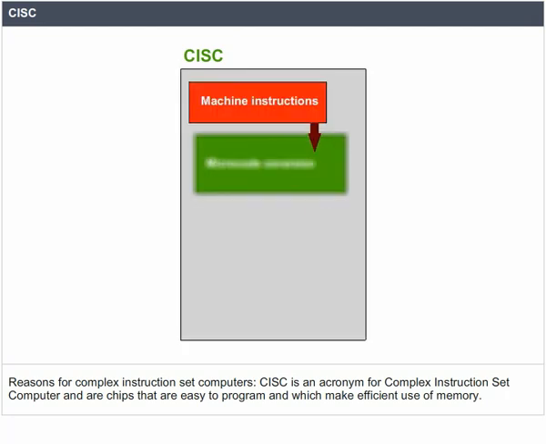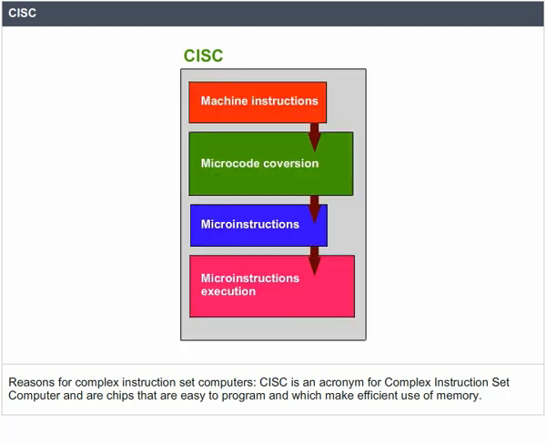CISC. Reasons for complex instruction set computers. CISC is an acronym for Complex Instruction Set Computer and refers to chips that are easy to program and which make efficient use of memory.